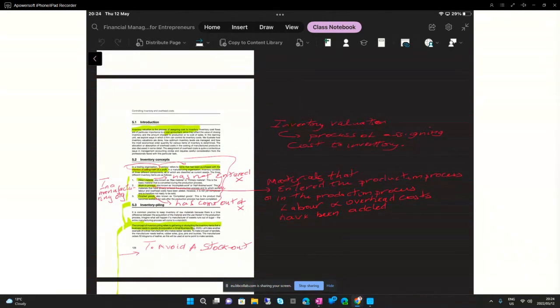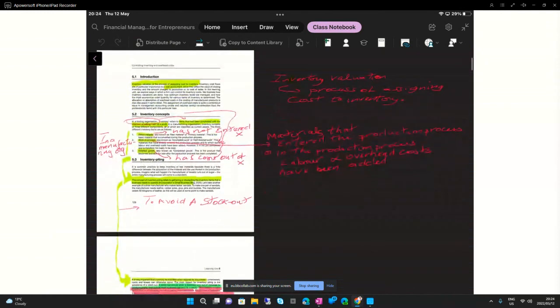When you look at finished goods, you're looking at goods that have come out of the production process. So we are contrasting a trading organization to a manufacturing organization. And when you're looking at a manufacturing organization, this is what you see: a classification of current assets into direct material, work in process, and finished goods. All right.